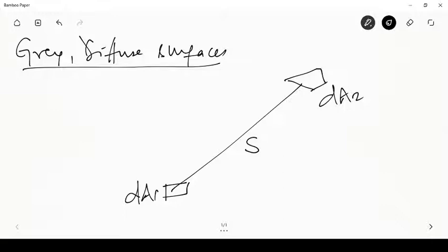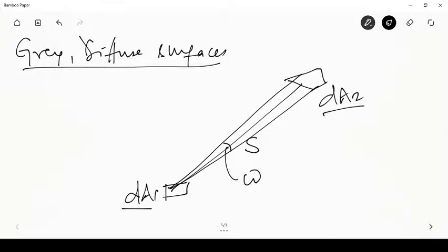So the amount of energy that is leaving dA1 and arriving on dA2 will depend on the emission over this solid angle omega, or d omega 2 is the solid angle that this area A2 subtends over that direction. Okay.